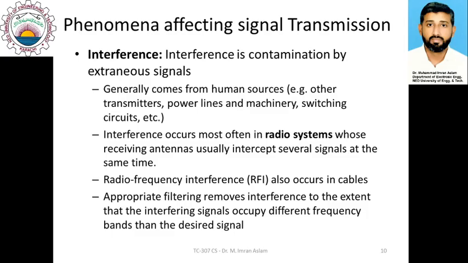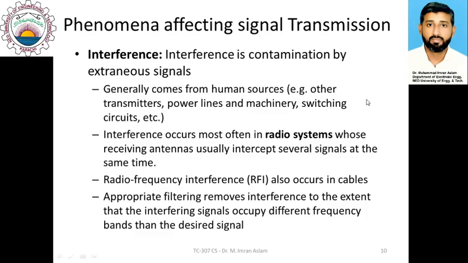Say, for example, if two persons are communicating within the vicinity, their signals affect each other, and that affecting is named interference. Because of that interference, the waveform shape generally gets changed, because the signal gets changed by another signal which is present in the vicinity.